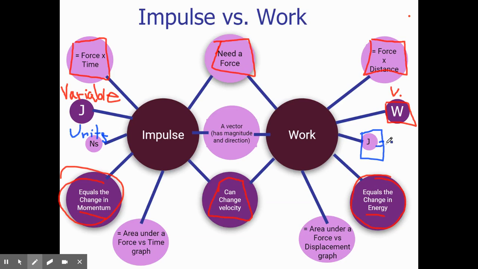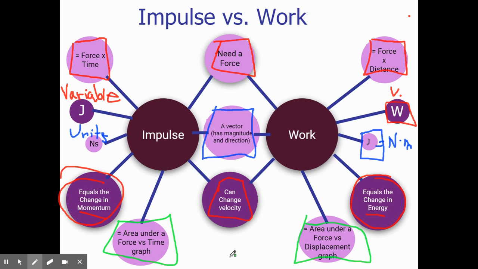So joules are equal to newtons times meters. And both of them are going to have both a magnitude and a direction, so they're vectors, because the direction that your force is going in does matter. Impulse is the area under a force versus time graph, and work is the area under a force versus distance graph.